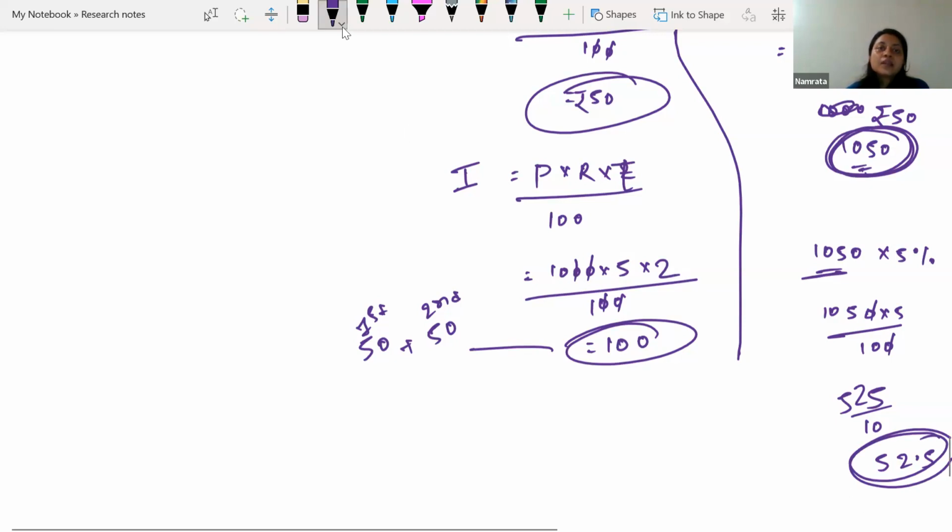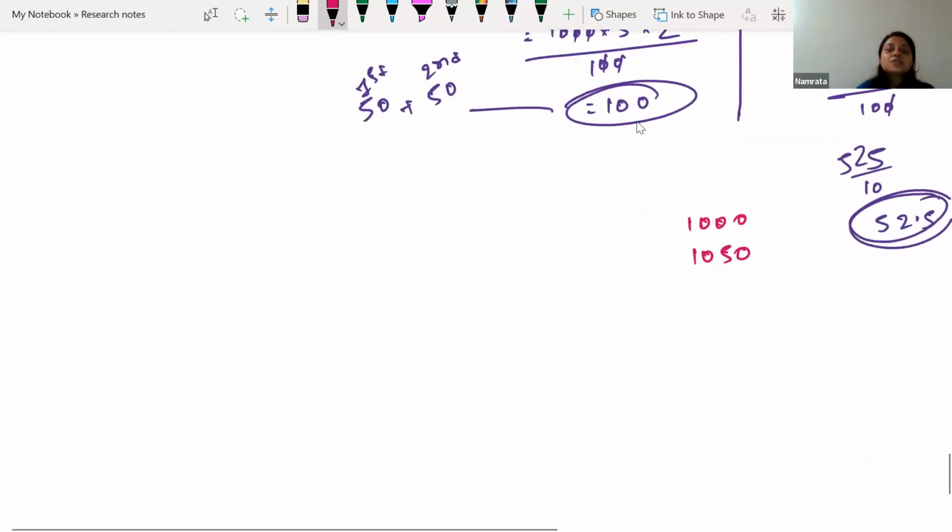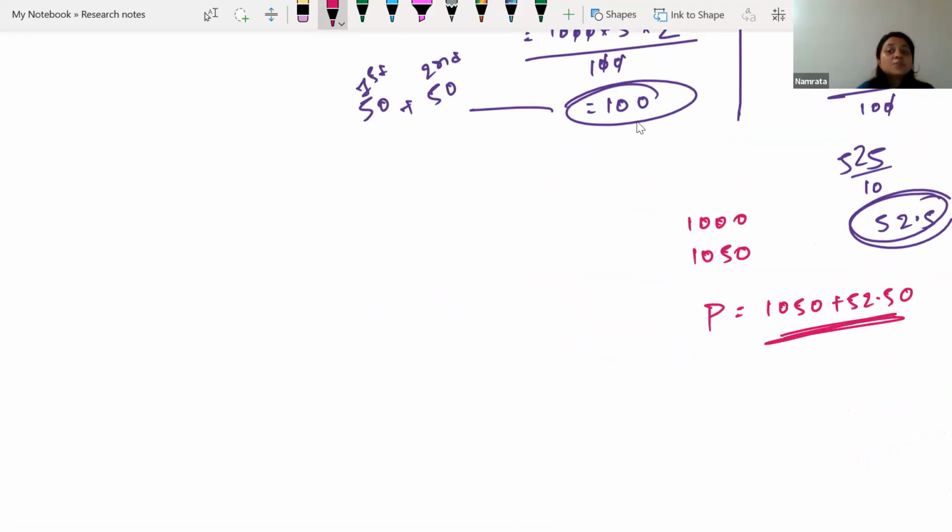Yes. Now in the third year, the bank will consider that you are not having 1000 rupees or 1050 rupees. You now have the principal as 1050 plus 52.50. On this principal, they are going to charge you 5%.